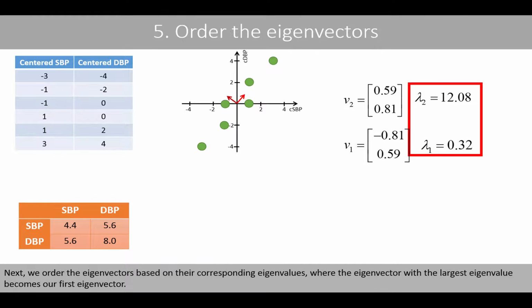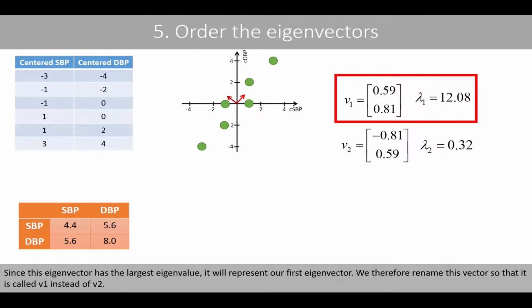Next, we order the eigenvectors based on their corresponding eigenvalues, where the eigenvector with the largest eigenvalue becomes our first eigenvector. Since this eigenvector has the largest eigenvalue, it will represent our first eigenvector.